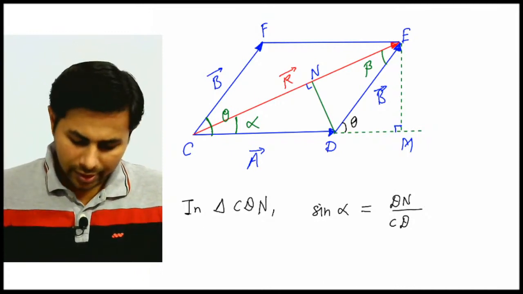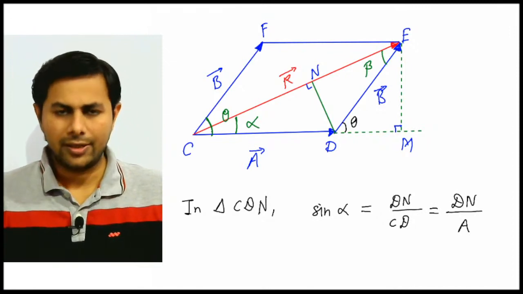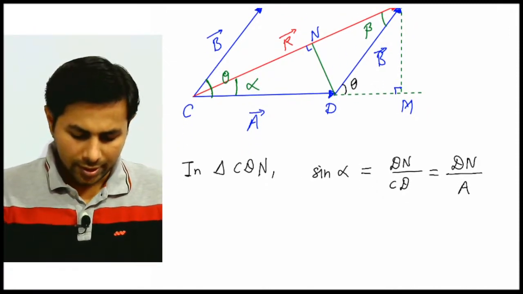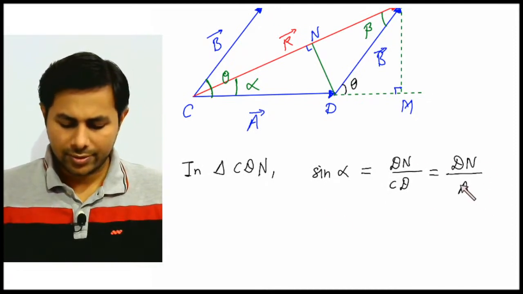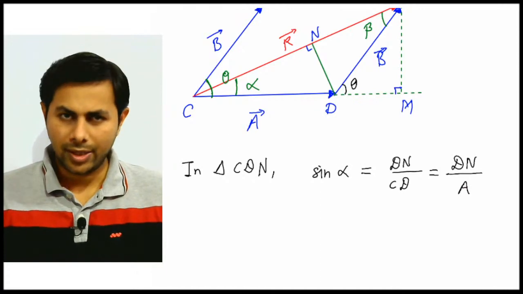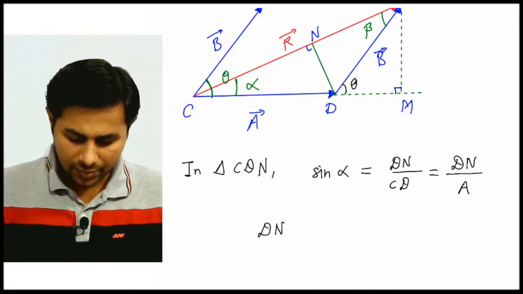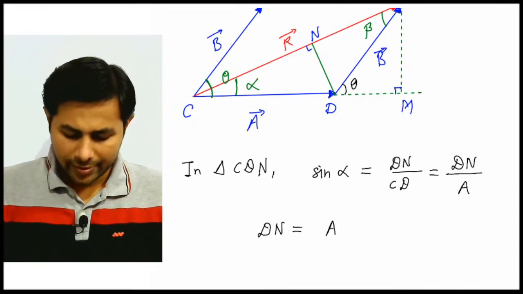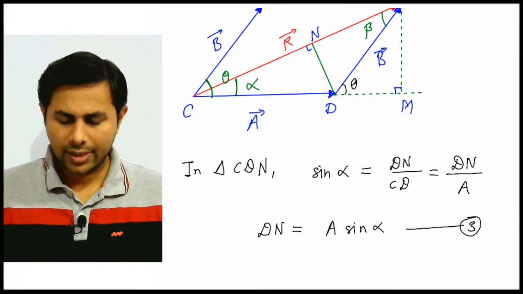So this is DN divided by the magnitude of A bar, which is A. So I can rewrite this as DN is equal to A multiplied by sine of alpha. Okay. So I get DN equals A multiplied by sine of alpha. So let's call this equation number 3.